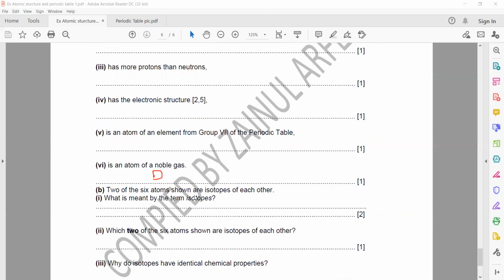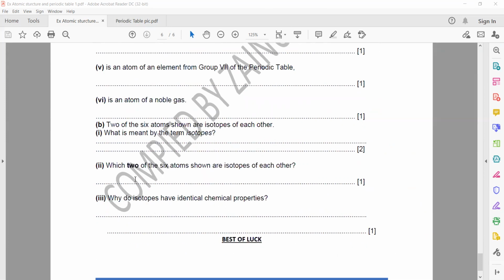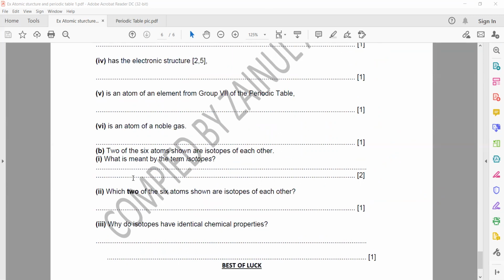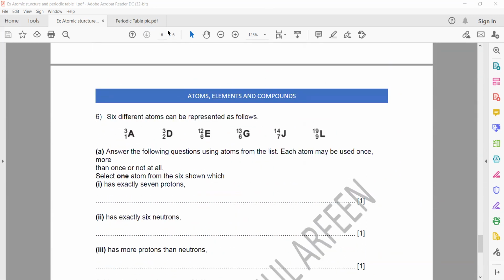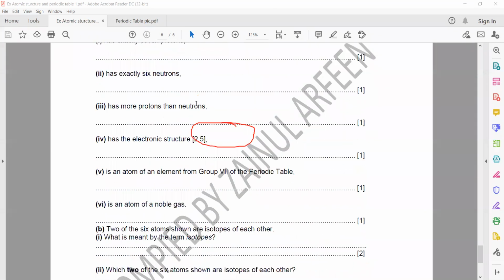Two of the six atoms shown are isotopes of each other. What is meant by the term isotope? Same number of protons, different neutron number. And which two of the six atoms are isotopes of each other? They have the same number of protons and different numbers of neutrons, so E and G are the isotopes.